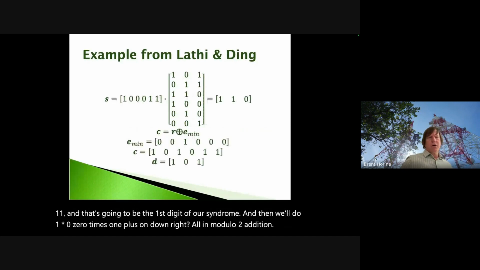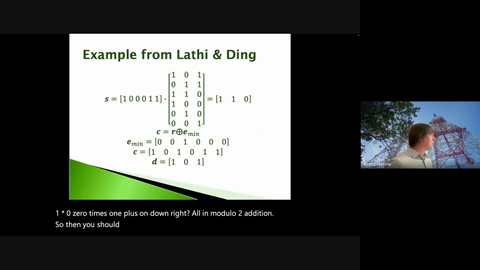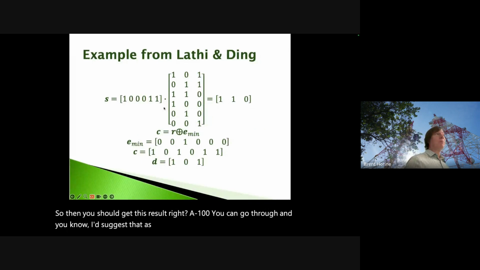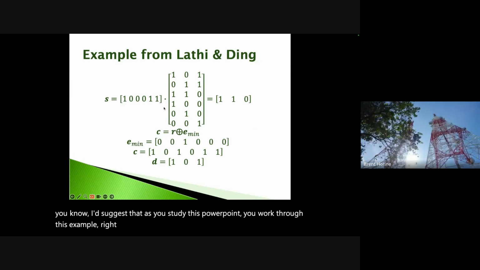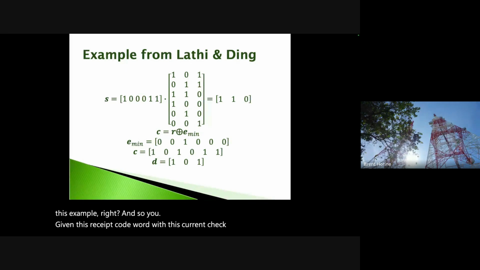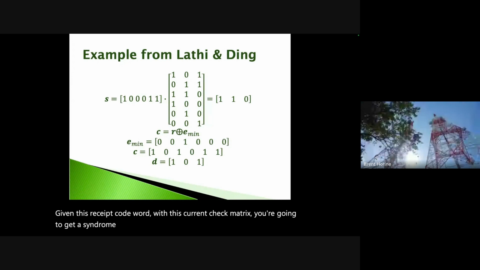So then you should get this result, 1, 0, 0. I'd suggest that as you study this PowerPoint, you work through this example. Given this received code word with this parity check matrix, you're going to get a syndrome of 1, 1, 0. So now our job is to figure out what E min is.